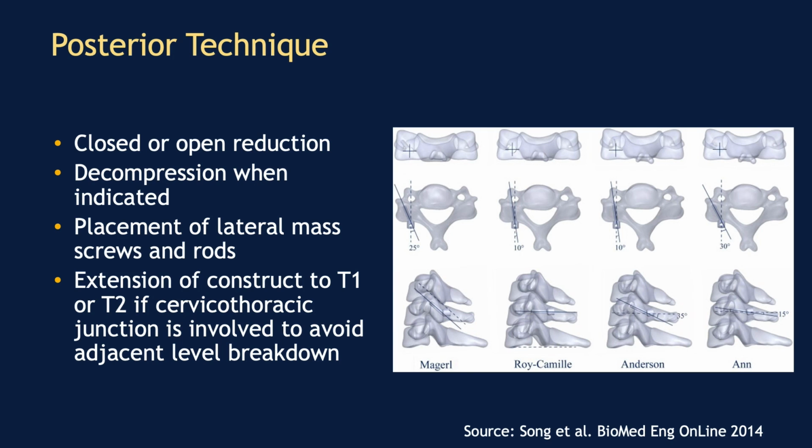It's also important to discuss closed and open reduction if, for example, you're talking about locked facets. Decompression must be performed when indicated, and extension of the construct to T1 or T2 if the cervical thoracic junction is involved is usually important to avoid adjacent level breakdown.